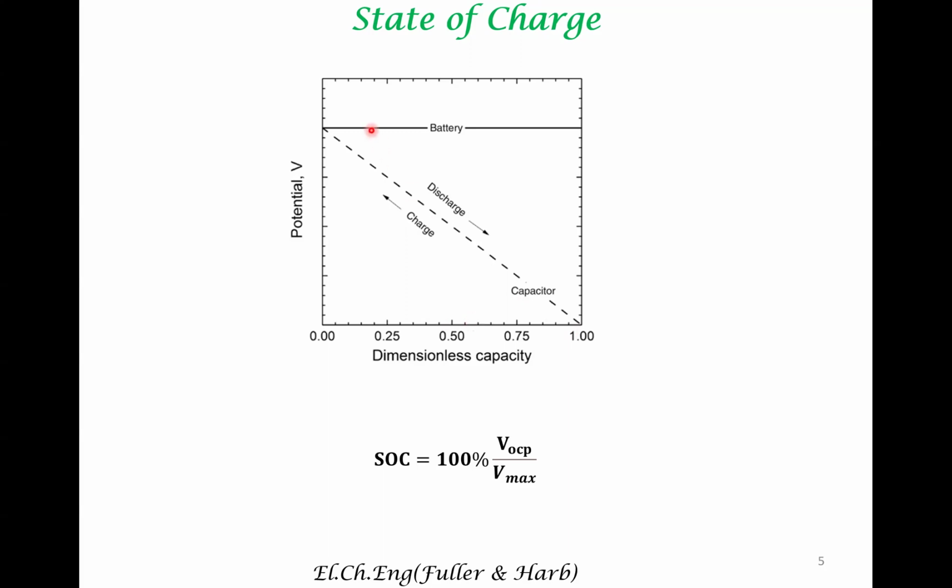So it is because of this linear change in voltage of a capacitor that it is easy to assess its state of charge. But the disadvantage with the capacitor is that the voltage significantly decreases as you discharge. So you do not want to be discharging the capacitor to 100%.